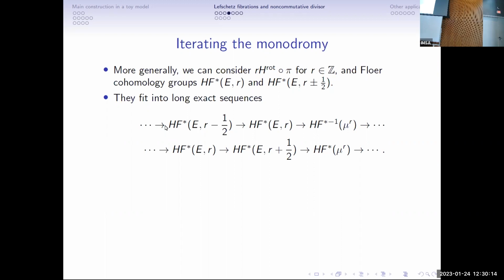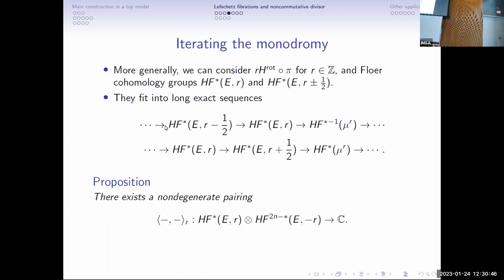For HF ER, we use the translation to remove fixed points at infinity. And for this R plus minus 1/2, we take the rotation Hamiltonian to remove fixed points at infinity. As expected, they also fit into long exact sequences. But here, because we are taking iterations of the rotation, we would get the fixed point homology of iterations of the monodromy of the fiber.